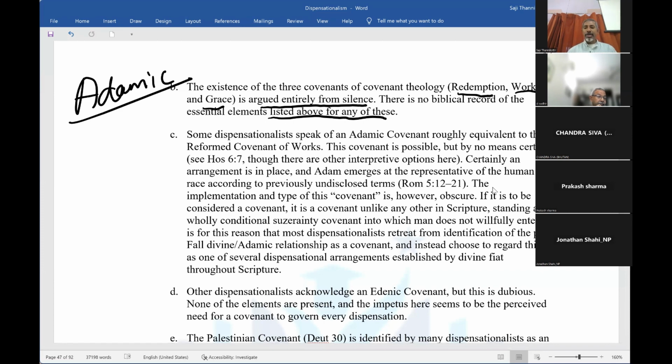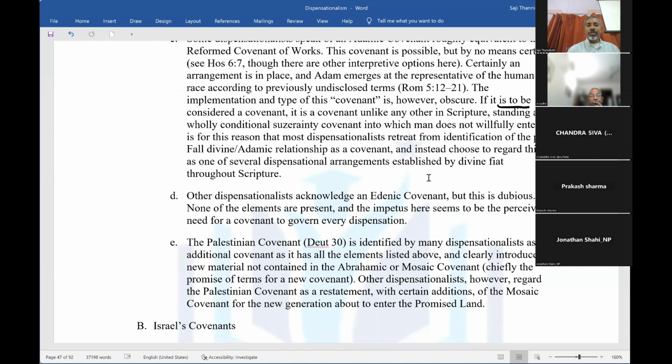It is simply because, if it is to be considered an Adamic covenant, it is a covenant unlike any other in Scripture, standing as a wholly conditional suzerainty covenant into which man does not willfully enter.